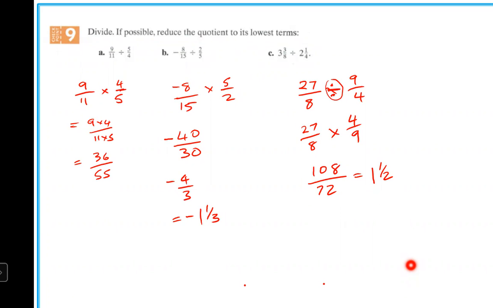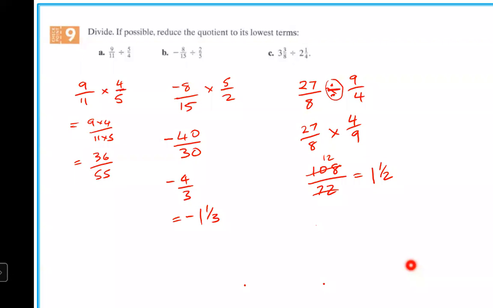So that'll be 108 over 72, and I'm using 9. 9 into 108 is 12, and 9 into 72 is 8.